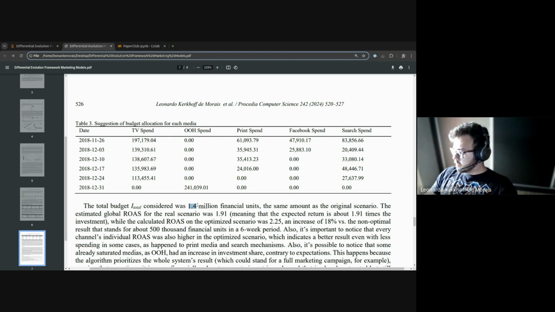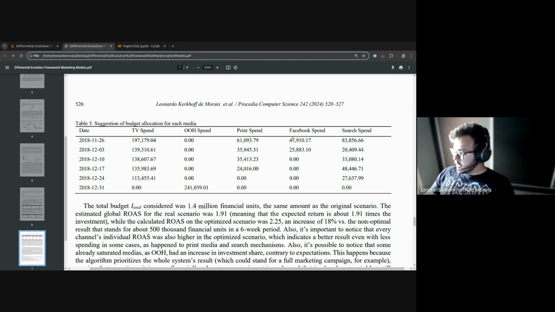You could see like 10 times that value, because companies really spend a lot of money with advertising. And in the original scenario, we had a ROAS of 1.91. So of these 1.4 million, we have a return of 1.91 times that.